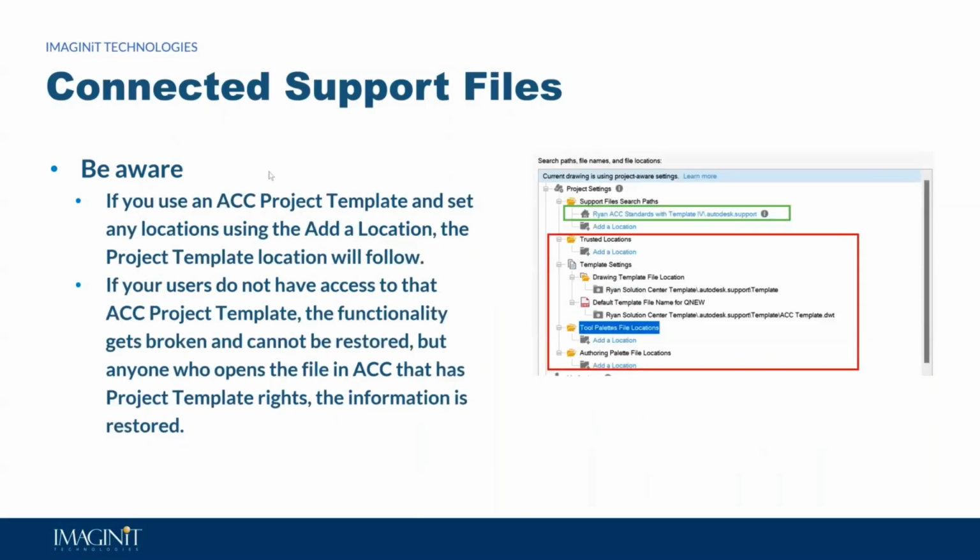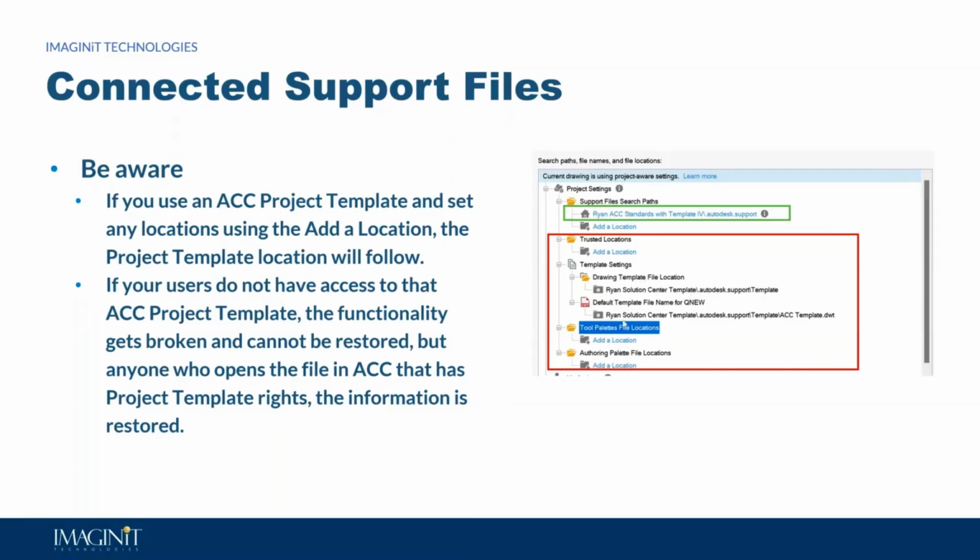One other thing to be aware of is if you're using an ACC project template and set any of the locations using the Add a Location buttons, the project template location will follow when you set up a new project. So if your users do not have access to that project template, in this particular scenario I set up a Ryan Solution Center template, and that's where my template is pointing to.